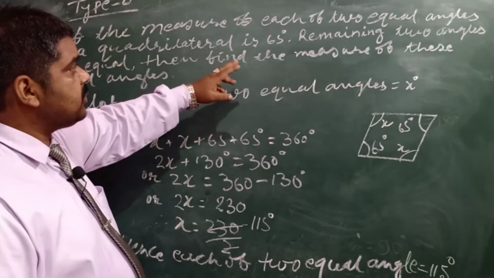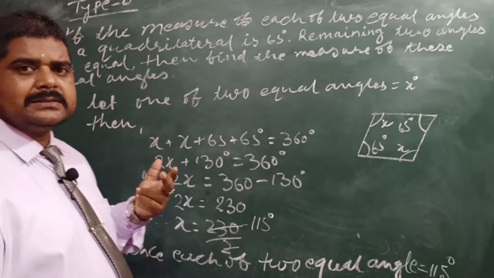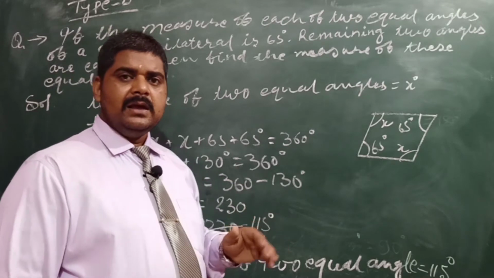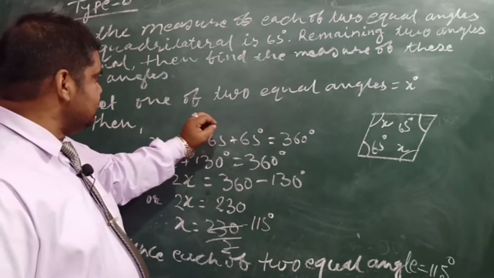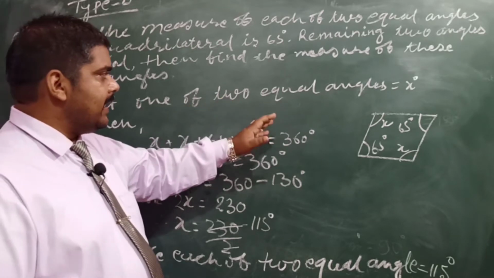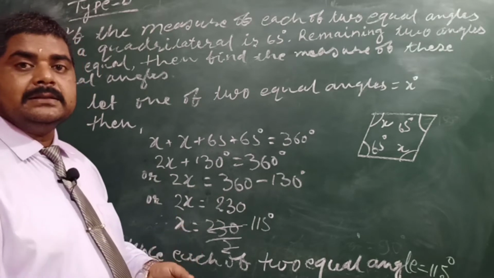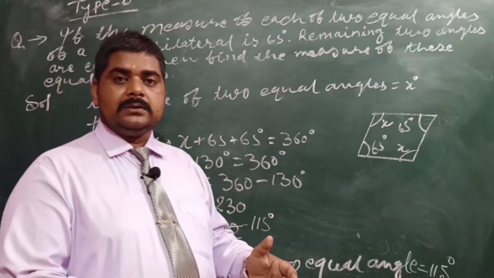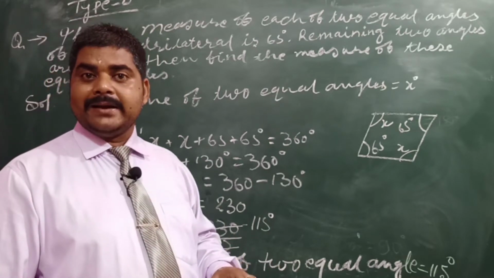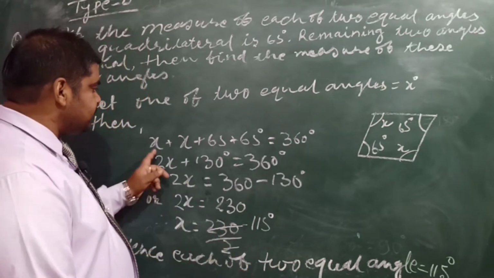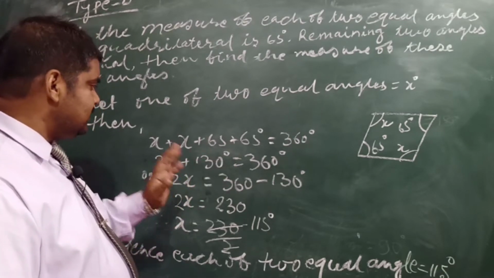My dear student, you can just see this question. If the measure of each of two equal angles of a quadrilateral is 65 degree, two angles have been given 65 degree, and the other two angles are equal. I have supposed that one of the two equal angles is x degree. You know that the sum of all angles of a quadrilateral is 360 degree by the angle sum property, and this is why x plus x plus 65 plus 65 is equal to 360 degree.